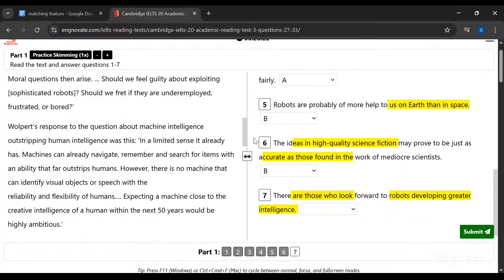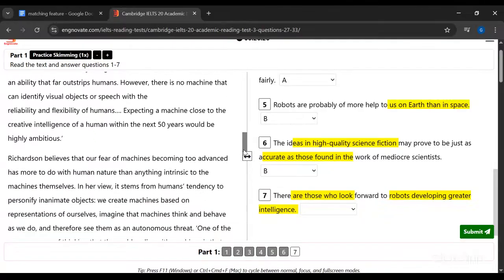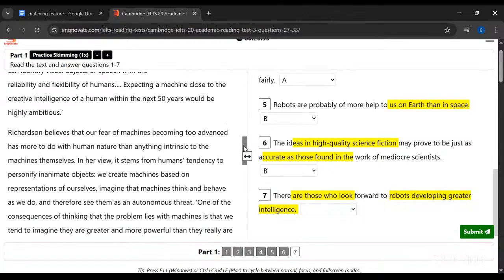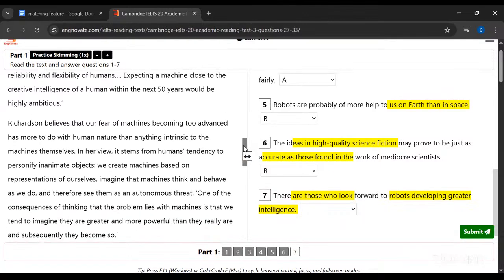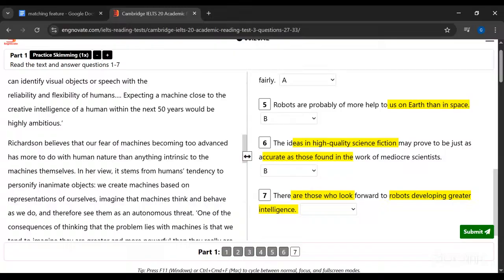There are some people looking forward to robots developing greater intelligence. But they didn't explicitly mention the years. But in the paragraph, they are saying we can expect machine robots to be equal to human intelligence in the next 50 or 100 years.